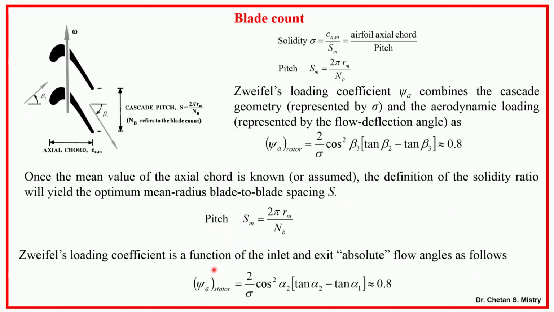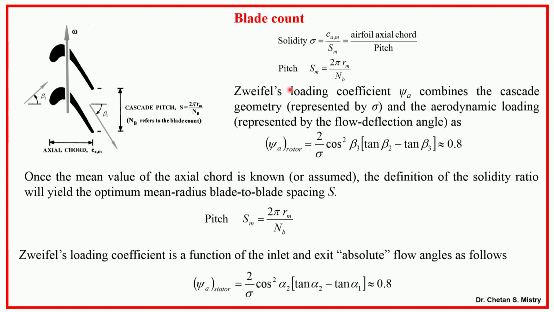Now, the next criterion is blade count. As we have discussed for the compressor, there is no superficial rule for the selection of the number of blades. People are selecting an even number of blades or a prime number of blades. Similarly, for the number of blades to be selected for a turbine, there is a criterion proposed by Zweifel.